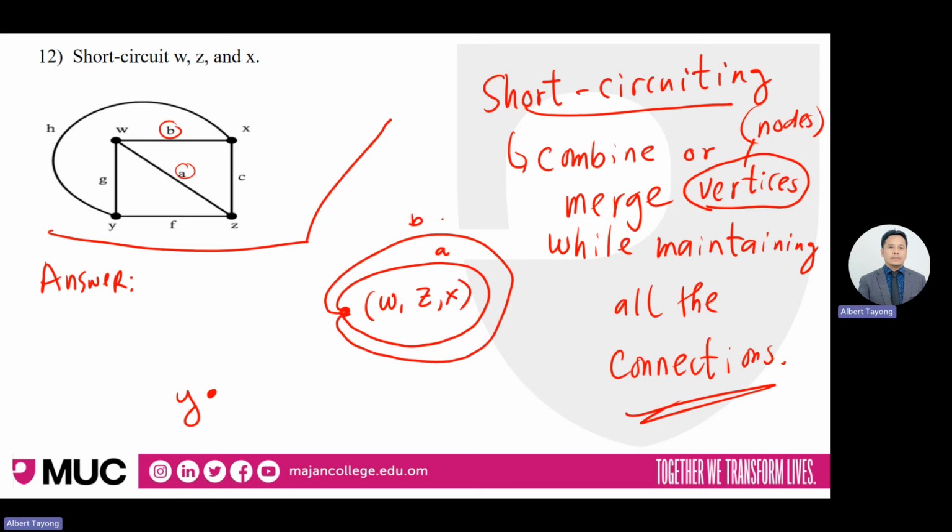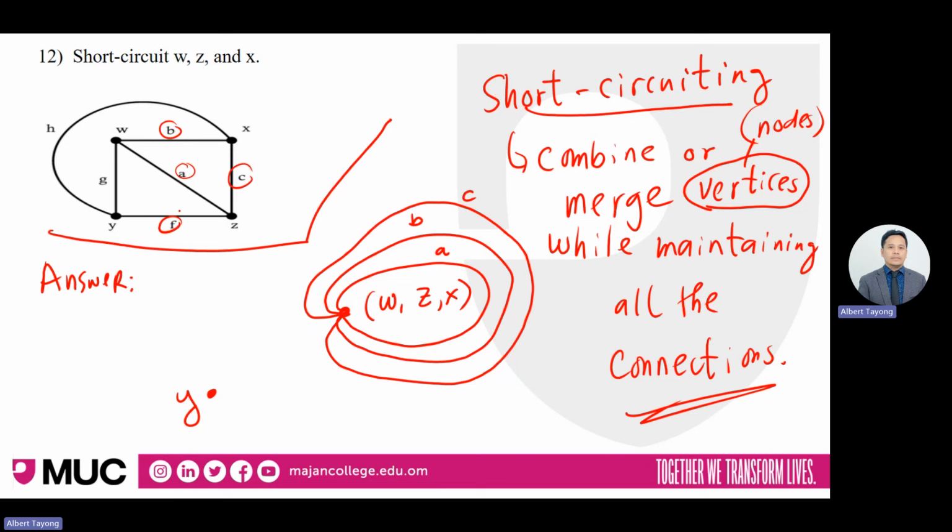That's our B. Our C is X to Z, and X and Z are together, so we're going to have our third loop here. This is our C, right? So we don't have D, we don't have E.